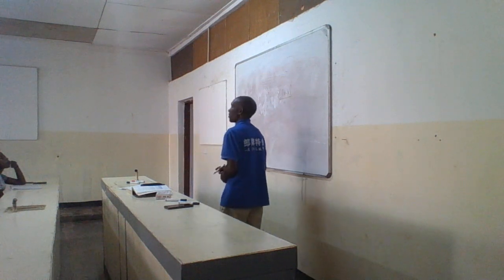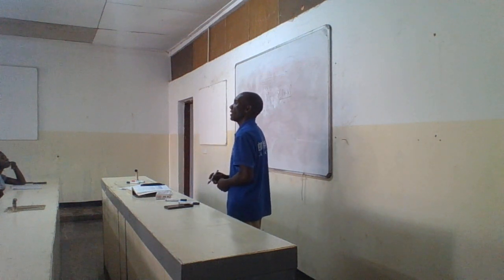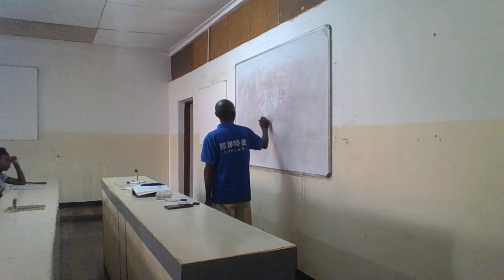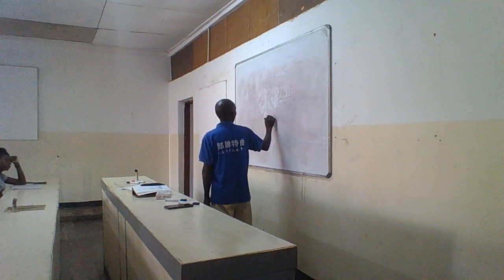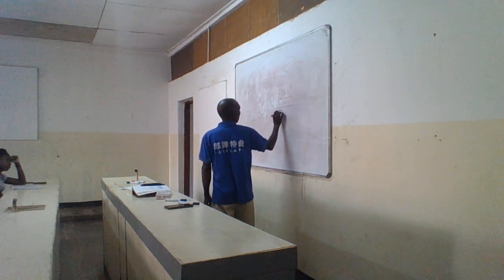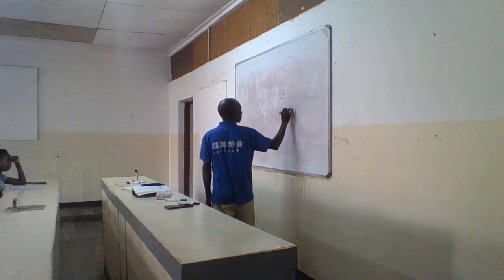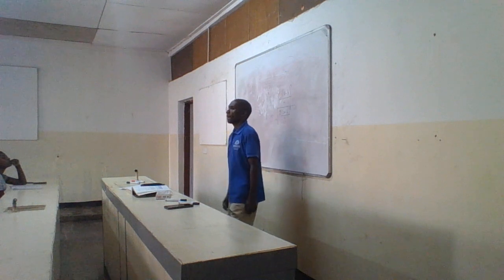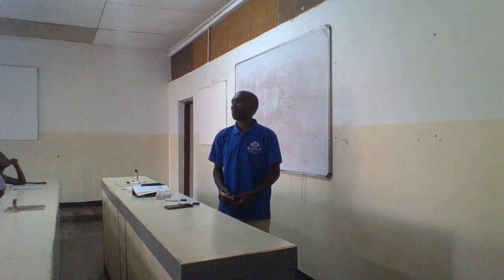That's what we came up with. And then we said to find the standard deviation, you have to take the square root of the sum of x minus x bar squared divided by n. That is your standard deviation.